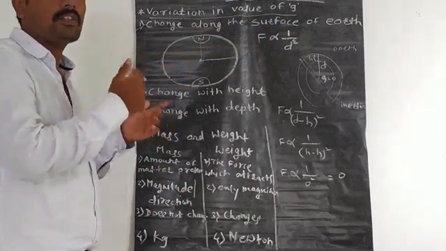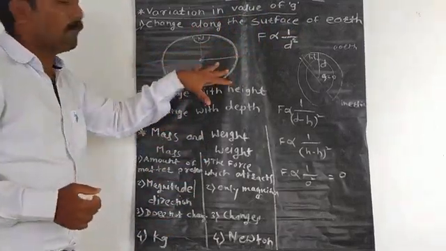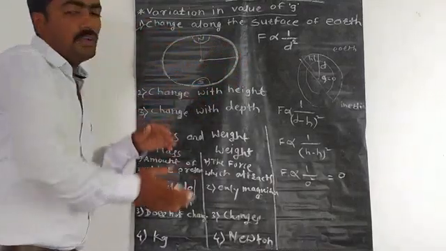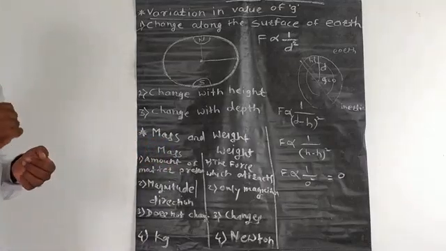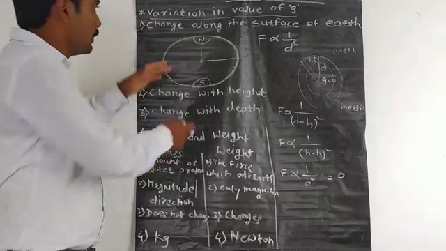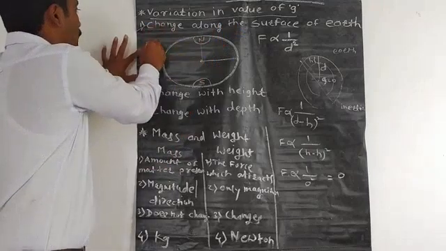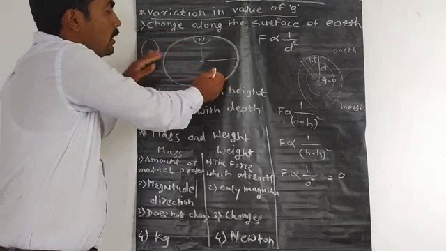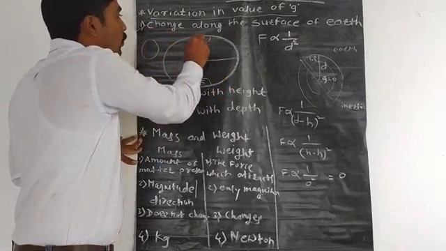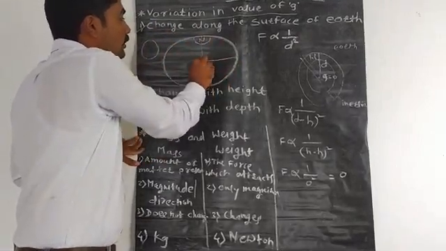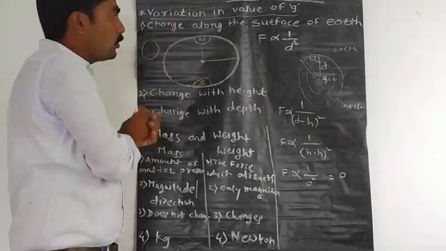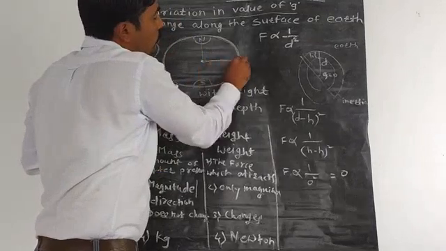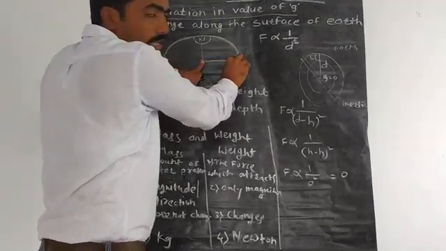For example, see the shape of earth is somewhere oval in shape. अर्थचा शेप सर्क्युलर नसतो, समवेअर ओव्हल इन शेप. इथं आपण ओव्हल इन शेप अर्थचा ड्रॉ केला, दिस इज द सेंटर ऑफ द अर्थ, अँड फ्रॉम द सेंटर ऑफ द अर्थ टू द इक्वेटर द डिस्टन्स इज मॅक्सिमम.